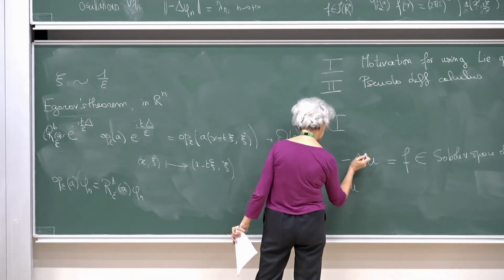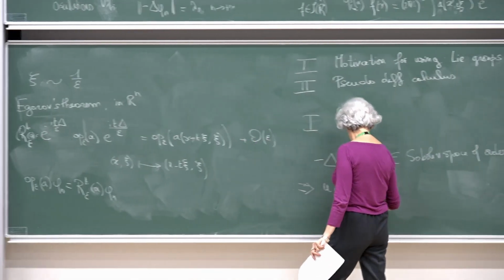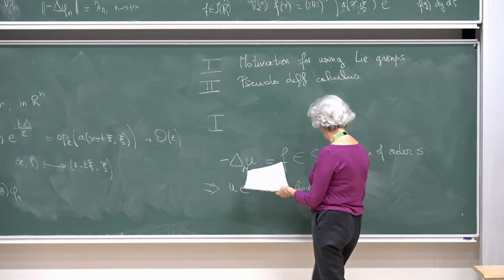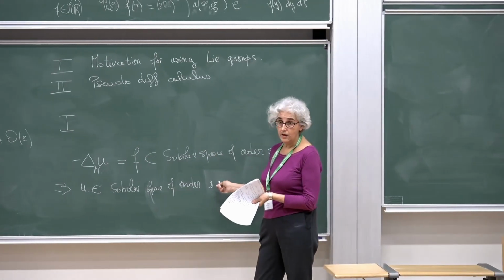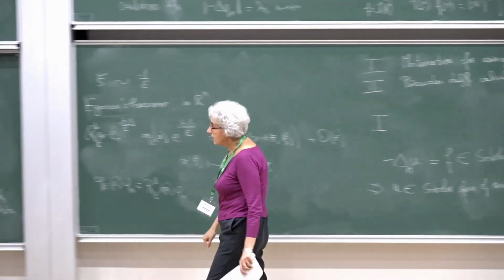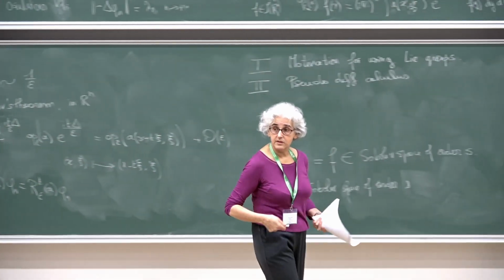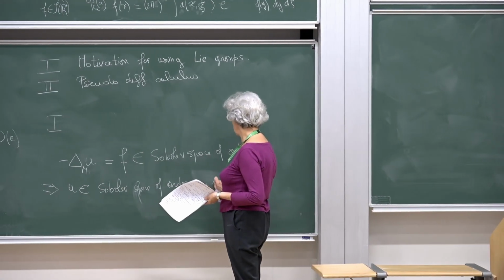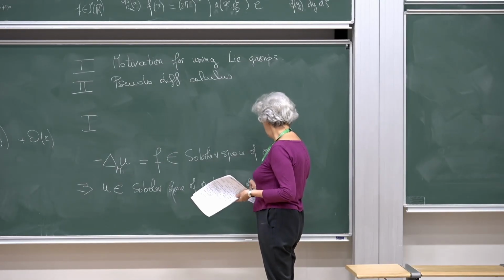U will be in some Sobolev space of order something. If you were elliptic, you would be of order S plus 2. But here you have only these vector fields, and to get the other vector fields you need to commute R times. Then you get an order like S plus something depending on R.